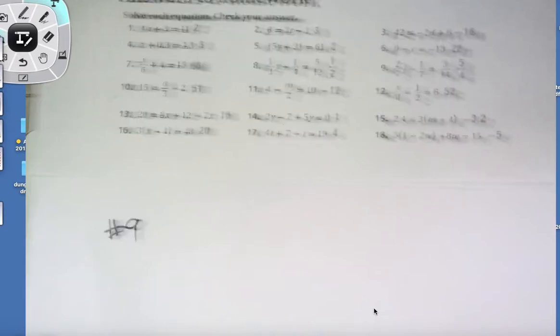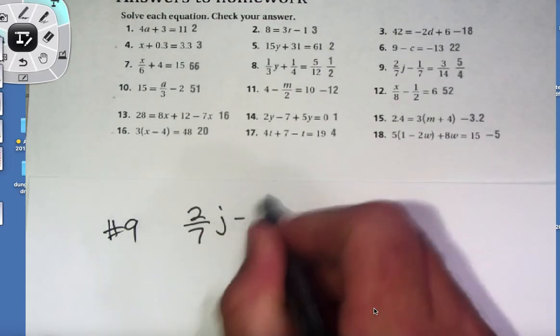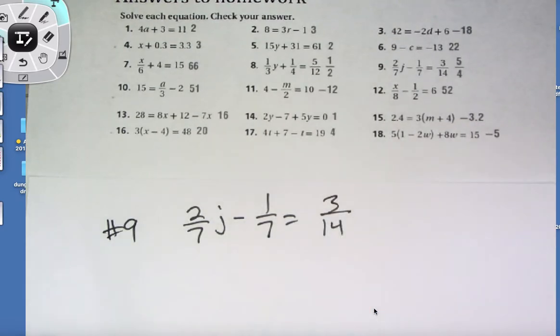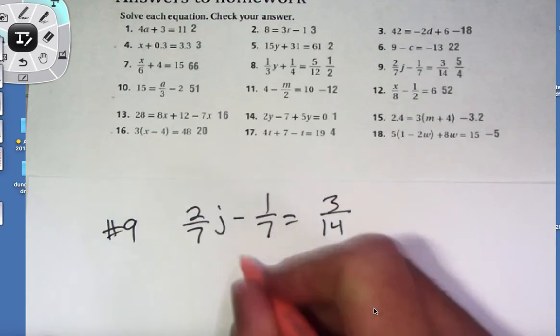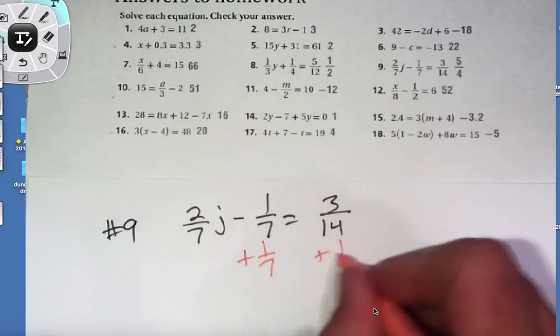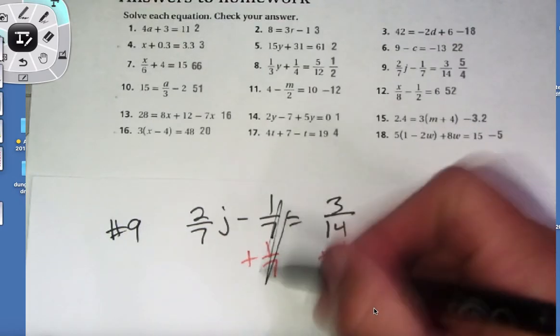All right, here's number 9. Scroll this up a little bit. Yep, there's number 9. This is 2/7 j minus 1/7 equals 3/14. Okay. First step, just treat these fractions like numbers. So I'm going to add 1/7 to both sides, which will cancel out the negative 1/7.